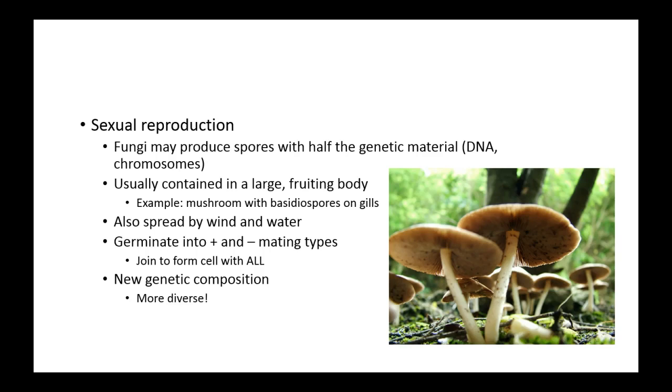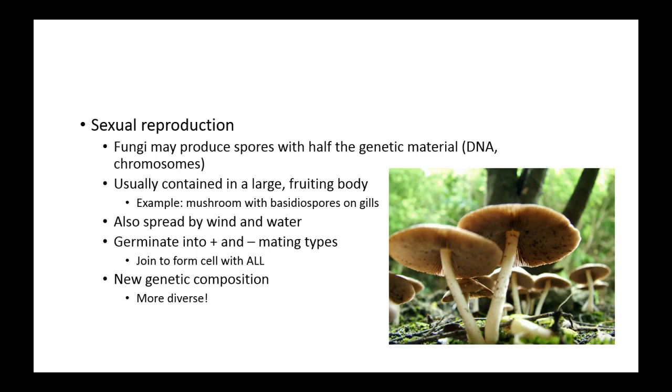We can see this in other organisms too, not necessarily with egg and sperm, but with what we might call positive and negative spores. If you do have these sexual spores, a positive is going to be attracted to a negative, and then when they join together, they'll combine their DNA. These are also spread by wind and water, so spores can spread the same way no matter if it's asexual or sexual.